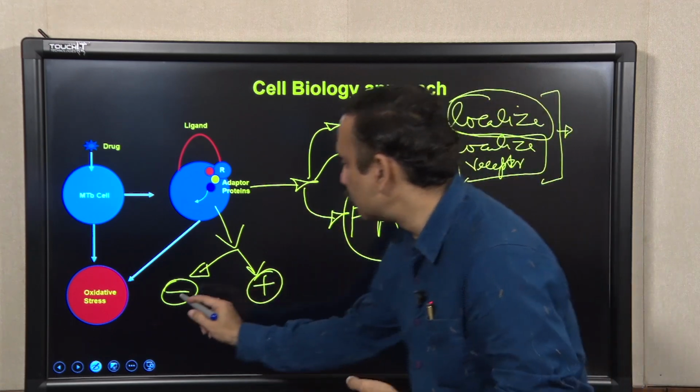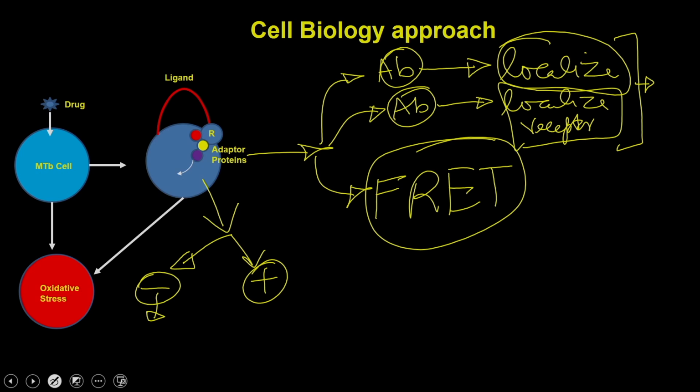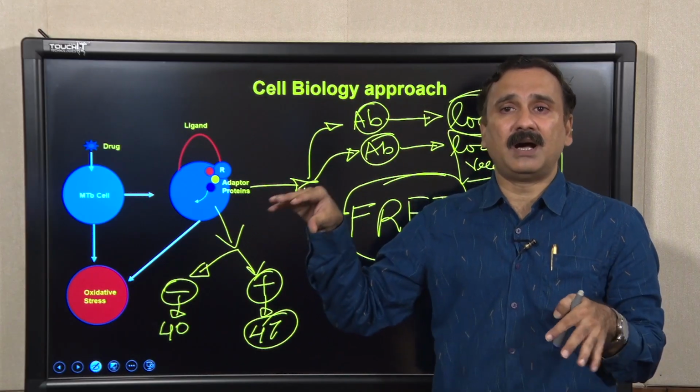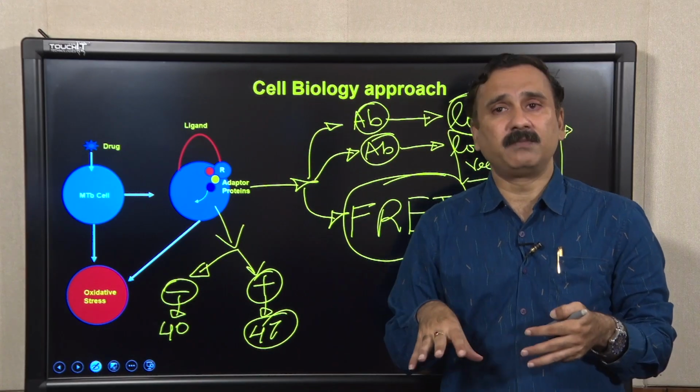For example, in the control cells, suppose you isolated the membrane and got 40 spots, and in the drug treated one you got 47 spots. You can do an image analysis and see which separate 7 spots are coming up, and whether those 7 spots could be potential adapter proteins.